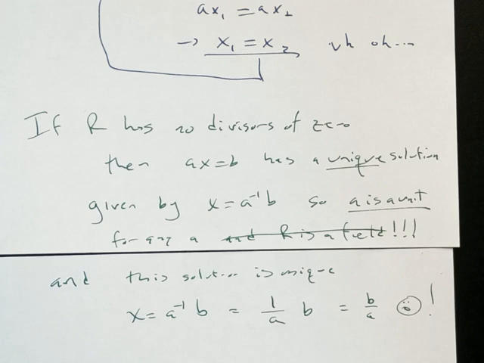And if I want it to be written as B over A, it should be commutative, shouldn't it? I'm actually going to make this a definition.